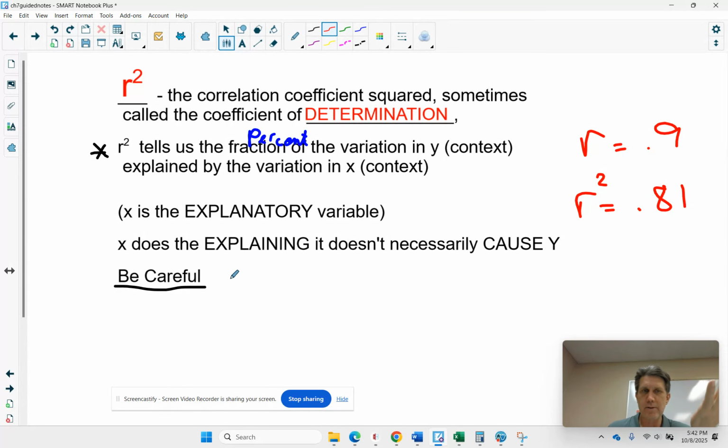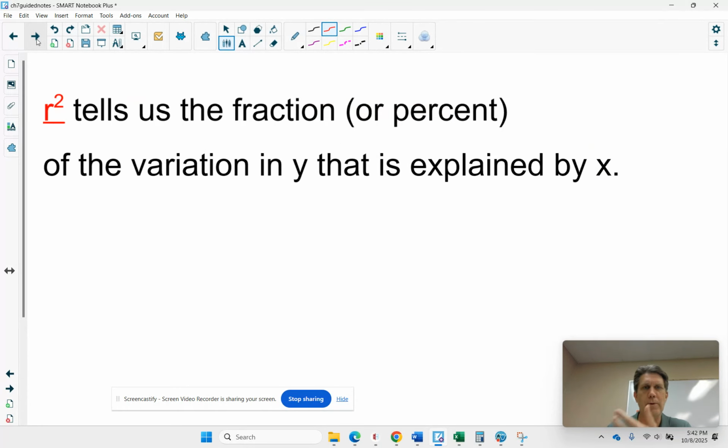X is the explanatory variable. X does the explaining. It doesn't necessarily cause y, so be careful with that. So R squared tells us a fraction or a percent: the percent of the variation in y that is explained by x.